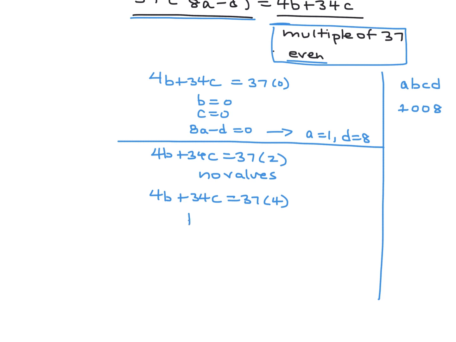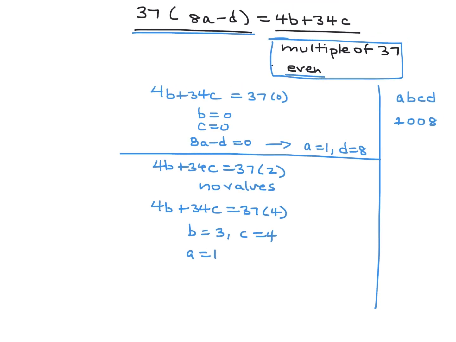This one gives me B equal 3, C equals 4. And then when I solve for A and D using this part of the equation, I would get A equal to 1 and D equal to 4. So my A, B, C, D in this one is 1, 3, 4, 4.